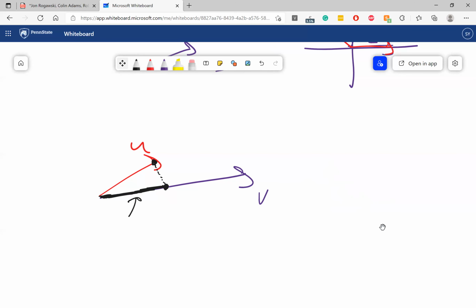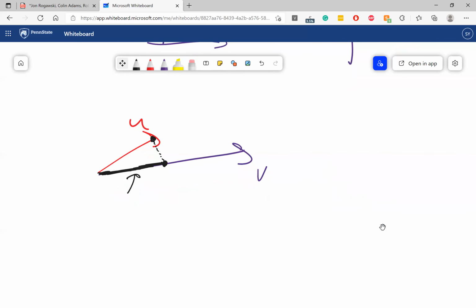Well, the length of that distance is going to be, if we use sine and cosine, the magnitude of U times cosine of theta, where this over here is your angle theta.